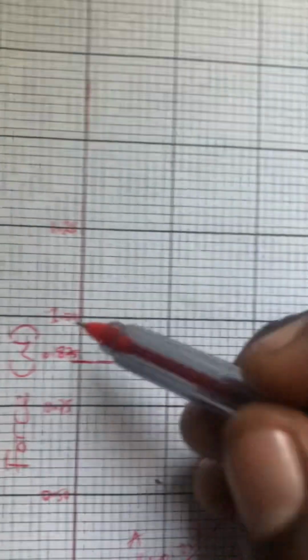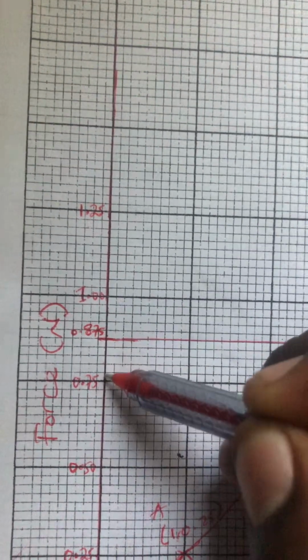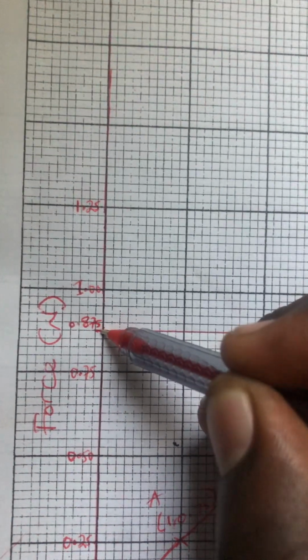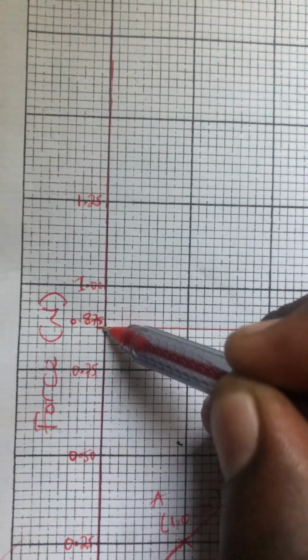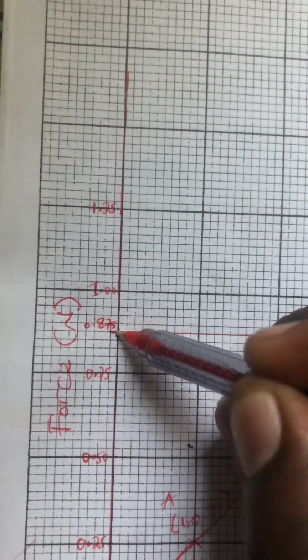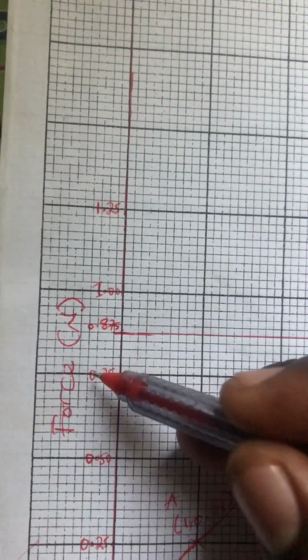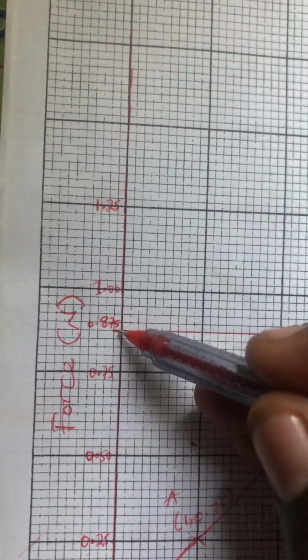From 0.75, I counted how many divisions: 1, 2, 3, 4, 5. Since each division is representing 0.025, I multiplied 5 by 0.025. The answer that I got, I added it to 0.75 to come up with this answer.